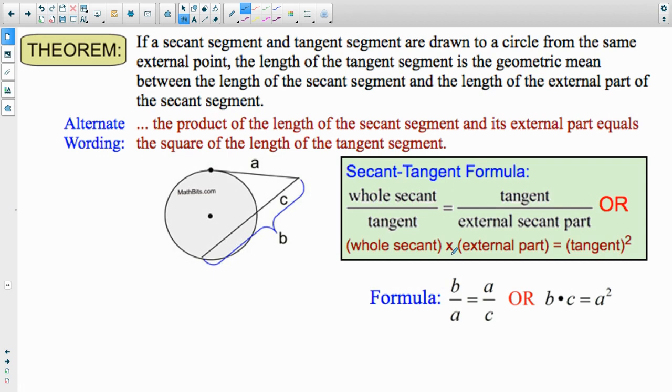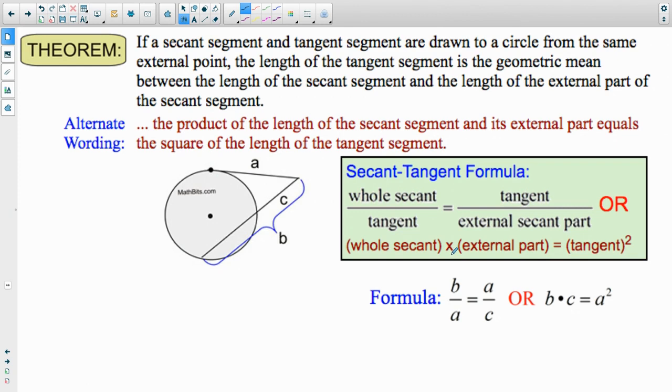So what this is really saying by geometric mean, the last time we saw that word was when we talked about the leg rule and the altitude rule, because when we did the leg rule, the leg multiplied with itself, meaning it was a mean proportion.